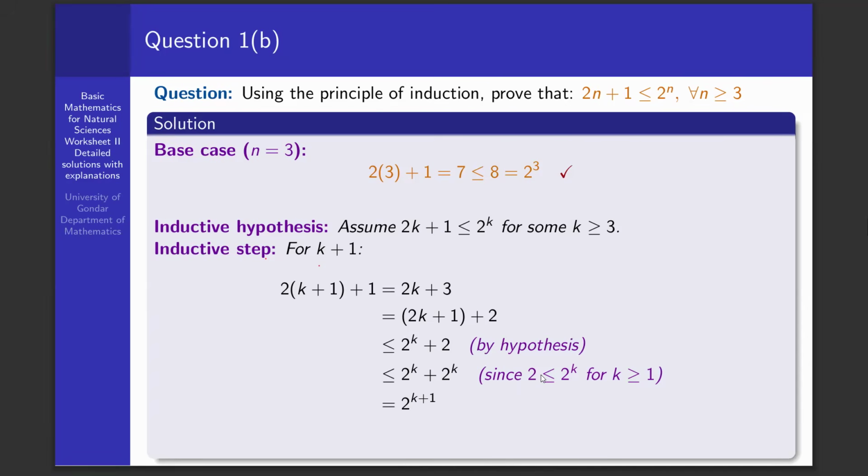Therefore, this is less than or equal to 2^k plus 2^k, since 2 is less than or equal to 2^k for k greater than or equal to 1.